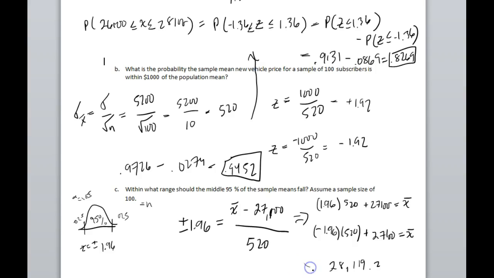And for the lower, geez, my pen's not working, we're going to get 26,080.8. That's going to be our range. It's going to be our 95% confidence interval of sample means falling away from the mean.